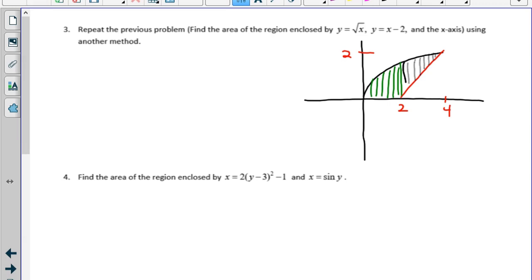Instead, what I can do is I can take a bunch of little horizontal rectangles and find these areas.